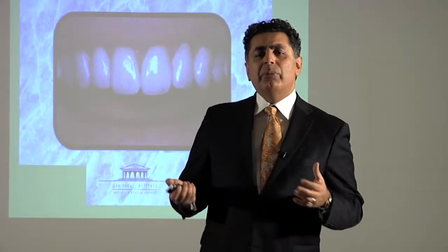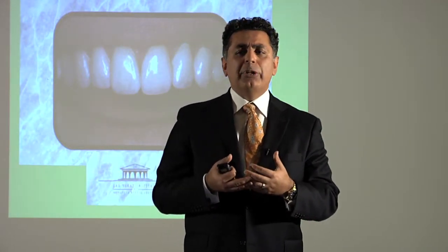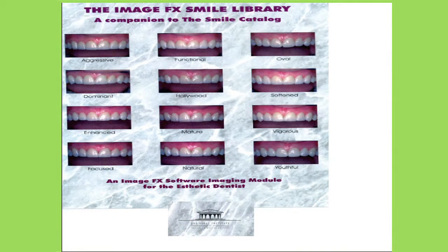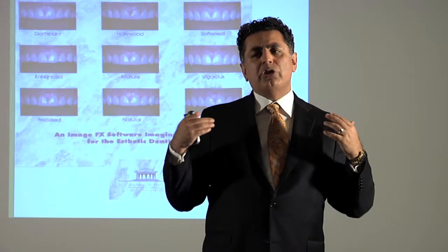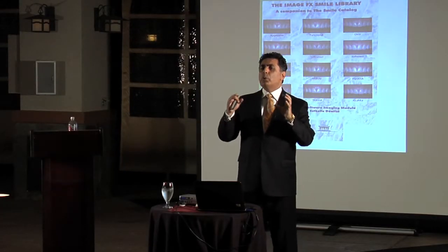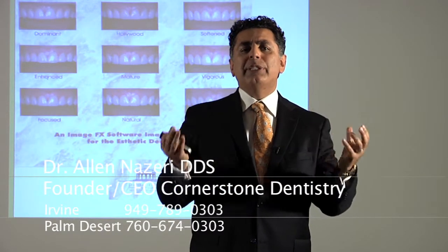One of the things we have is called a smile catalog. There are different smile catalogs out there, but it's something we certainly use in our practice for pretty much every patient. This smile catalog comes with about 12 different styles of teeth that show different variations in length of teeth, the size, the smoothness around the corners of the teeth, and how those front 8 to 10 teeth can look.